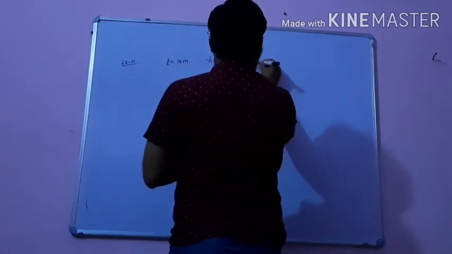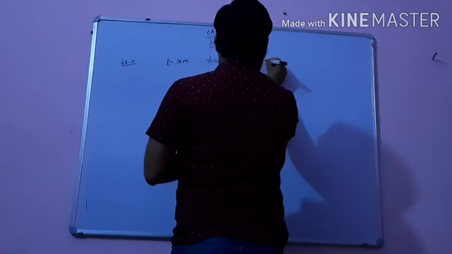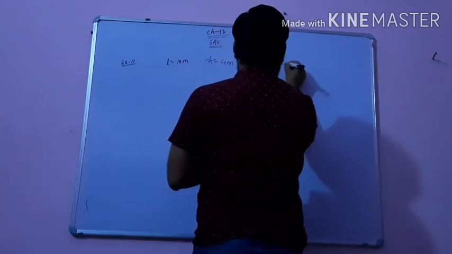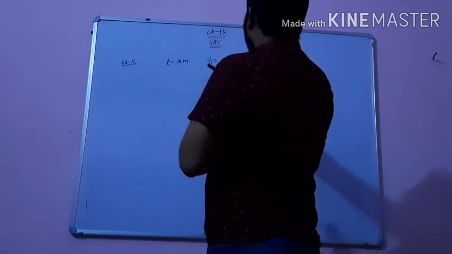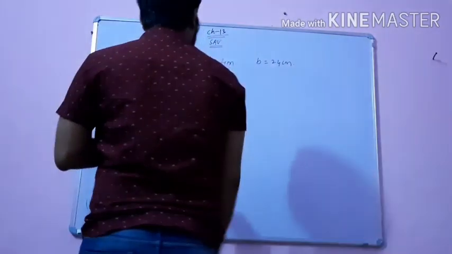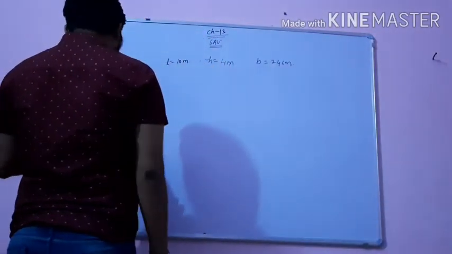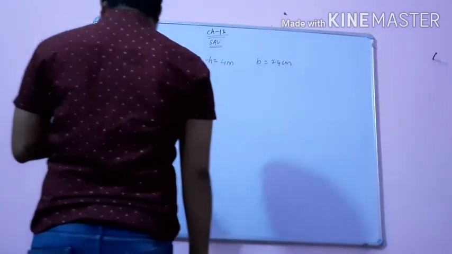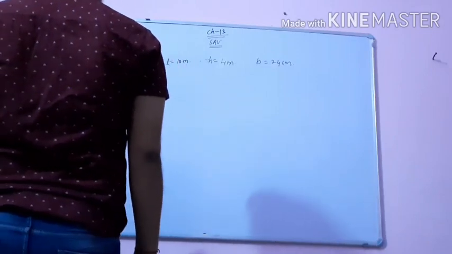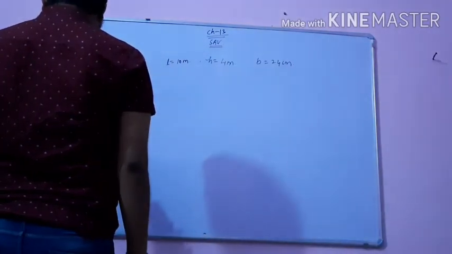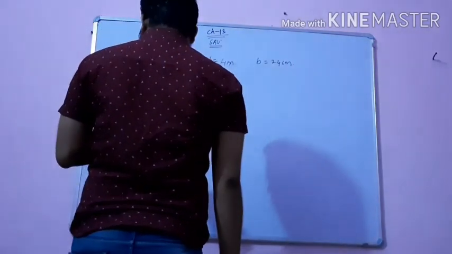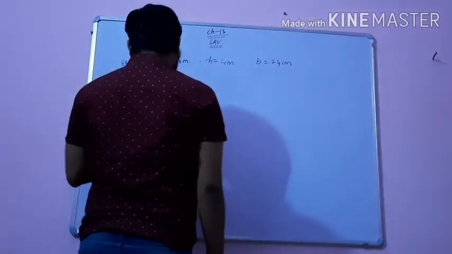So thickness will be equal to breadth or width, that is 24 centimeter. See here, length and height are given in meter and breadth is given in centimeter, so we must remember it. Now let us see, if this wall is built up with bricks whose dimension is 24 centimeter, multiply 12 centimeter, 8 centimeter.